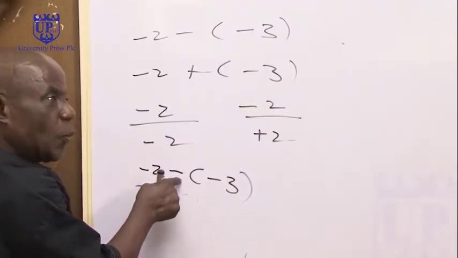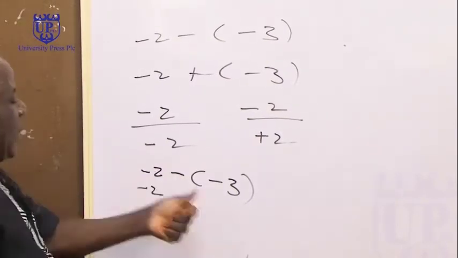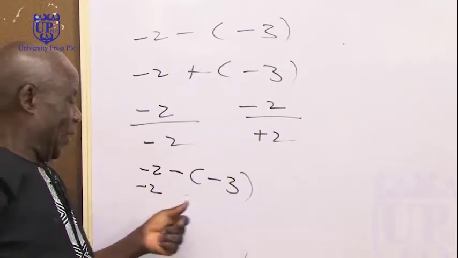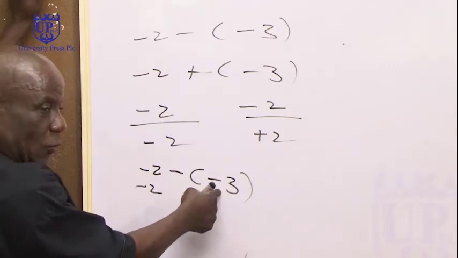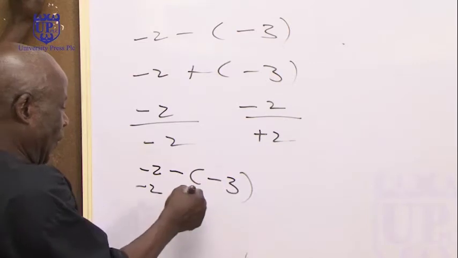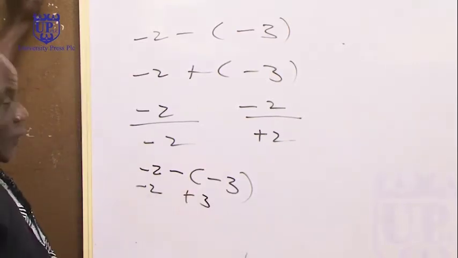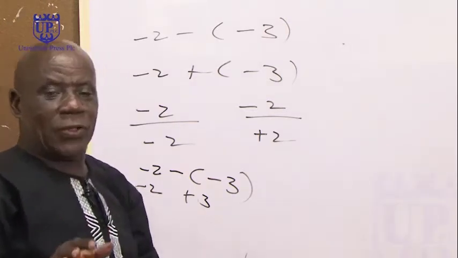If you want to remove the bracket, it means this negative must affect what is inside. This is minus multiplied by minus. It is plus 3. Now, negative multiplied by negative is positive.